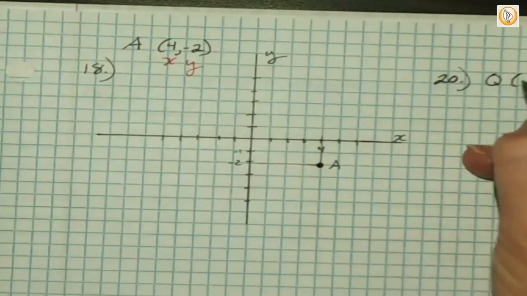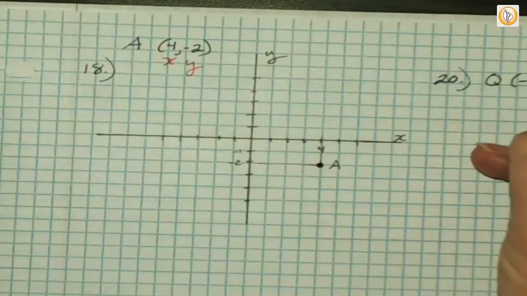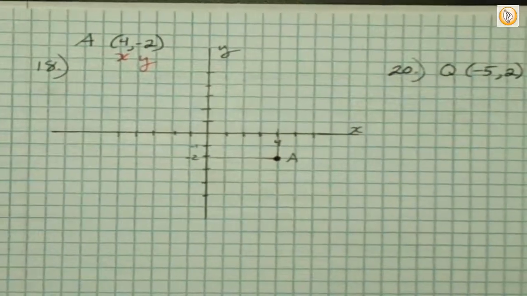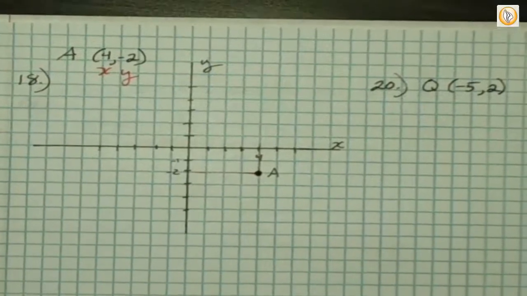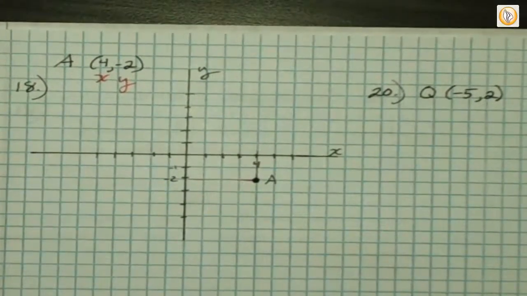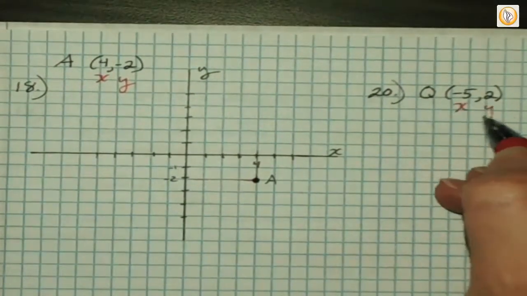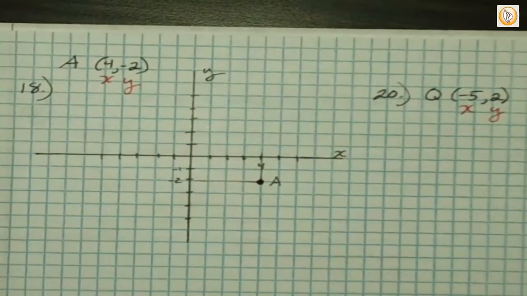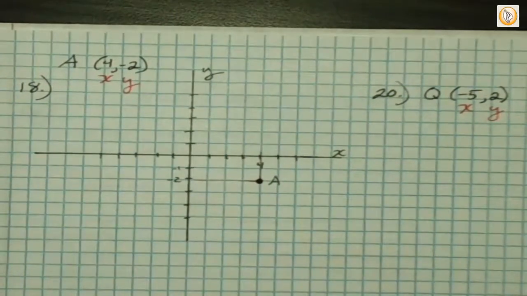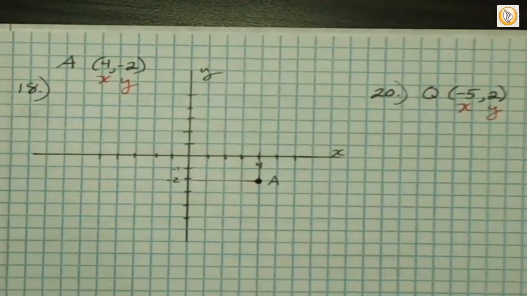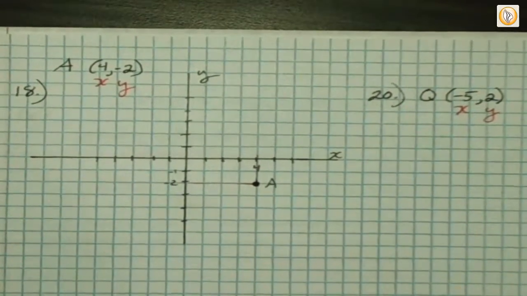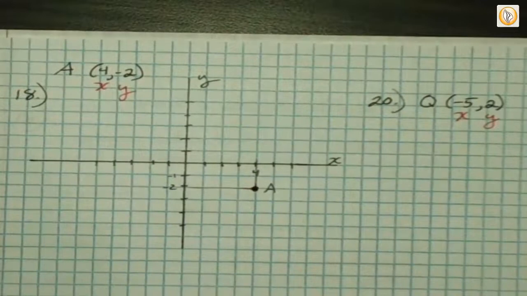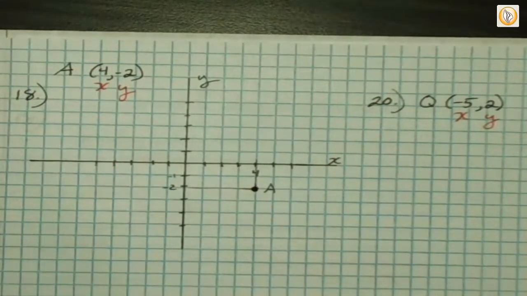When you're done, we're going to plot Q, which is -5 and 2. This is your X and this is your Y. Can you come up and with the dry erase marker plot Q on the same graph?